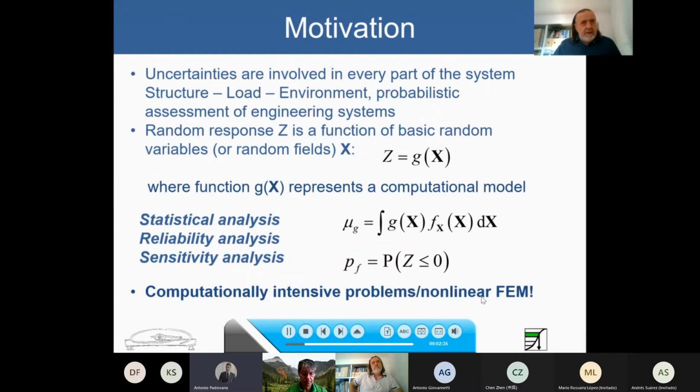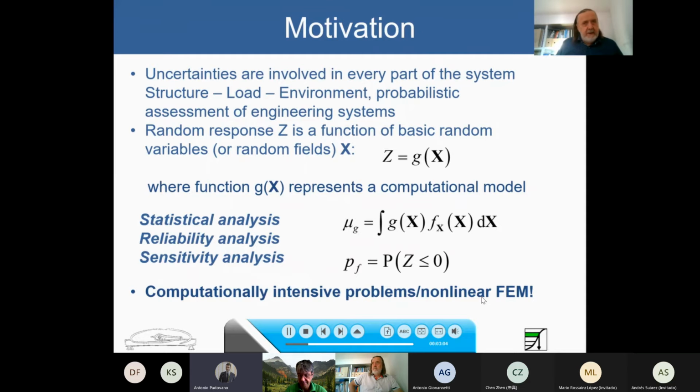We are interested in reliability analysis. If the limit state function represents the safety margin, we need to calculate the probability that the safety margin is negative. And in this process, sensitivity analysis, which can distinguish dominating and non-dominating random variables, is a very important step.